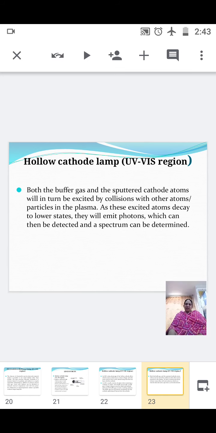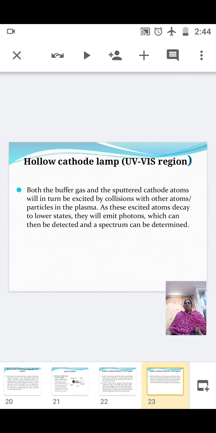These excited atoms cannot stay in that state for a longer time because they are unstable. They try to come back to their stable state. During this process, these excited atoms decay to a lower state and emit photons, which are nothing but packets of energy or light, which can then be detected, and a spectrum can be determined.